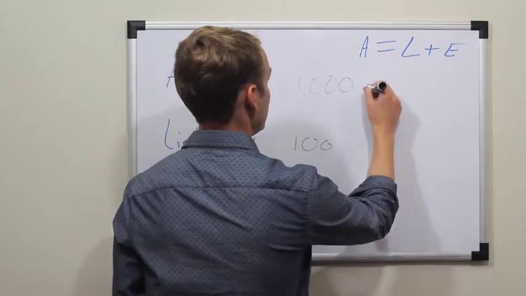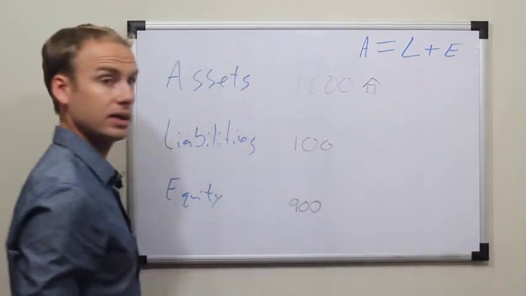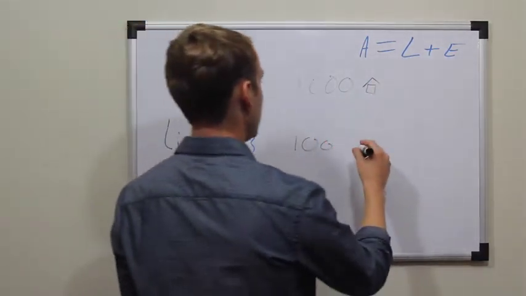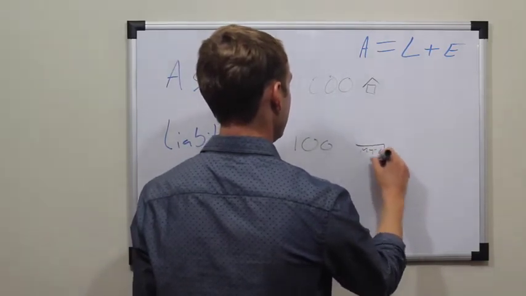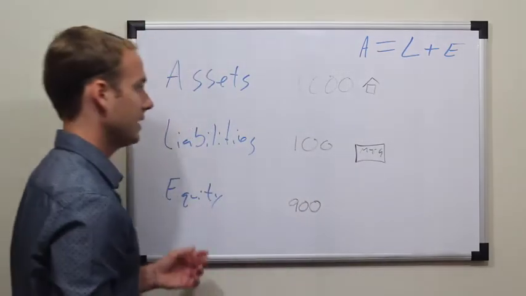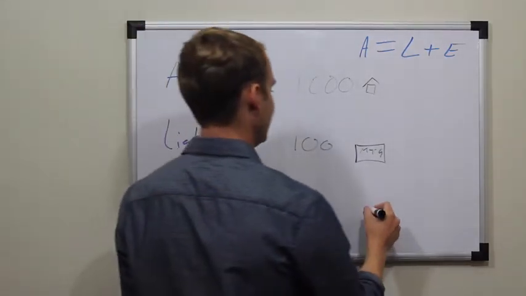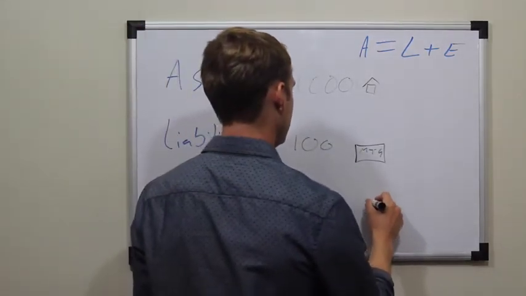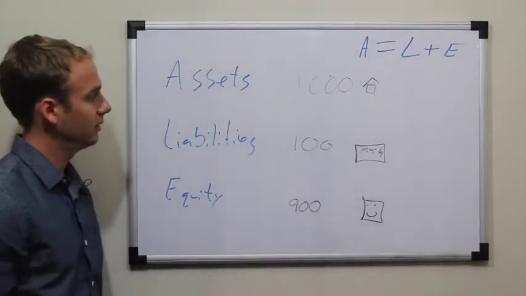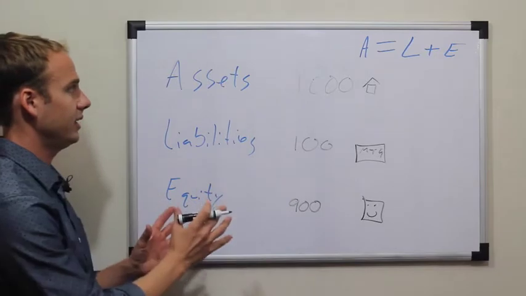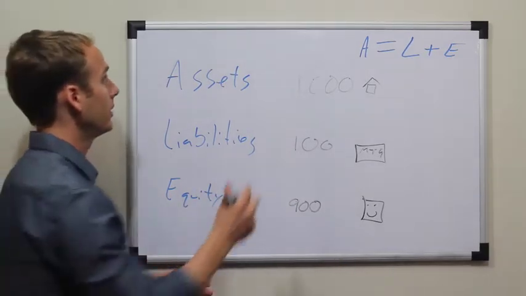We have a home worth 1,000. We have a mortgage, a debt of 100, and we have our equity. Yay, equity of 900. A very, very basic model.